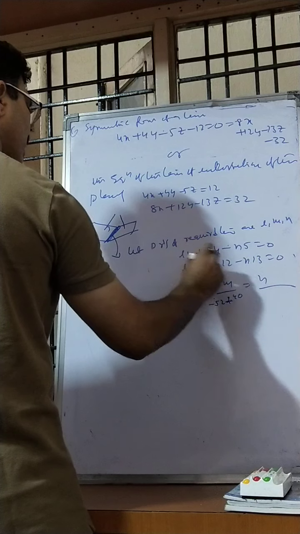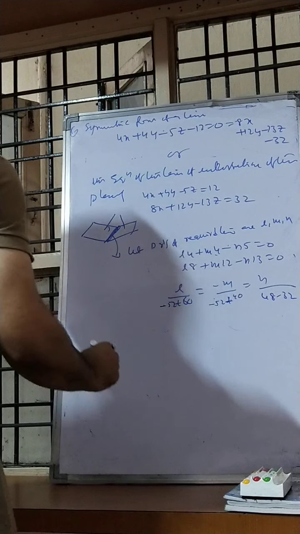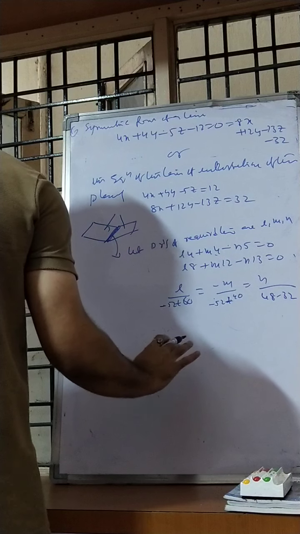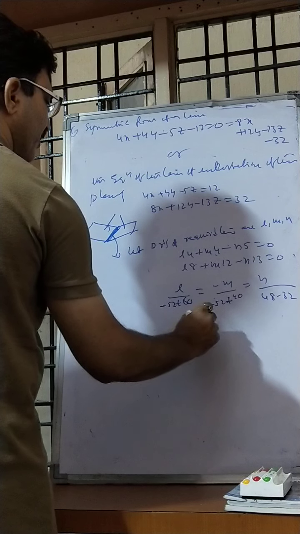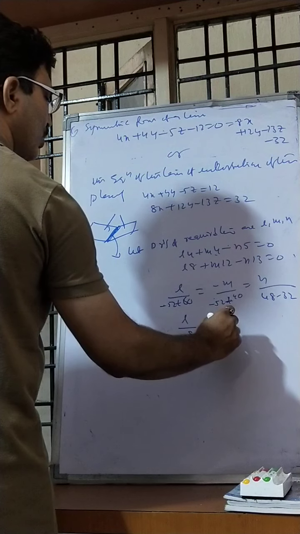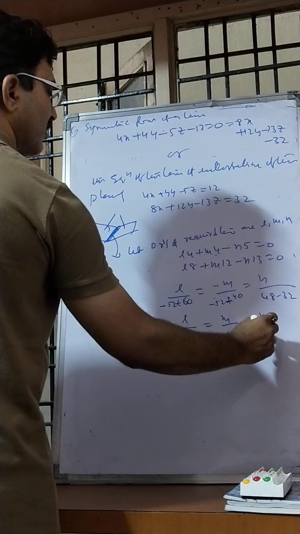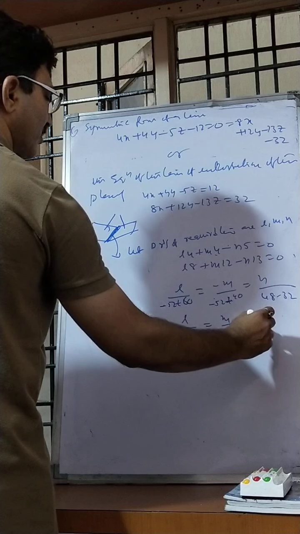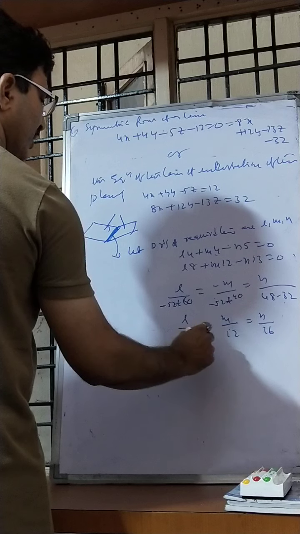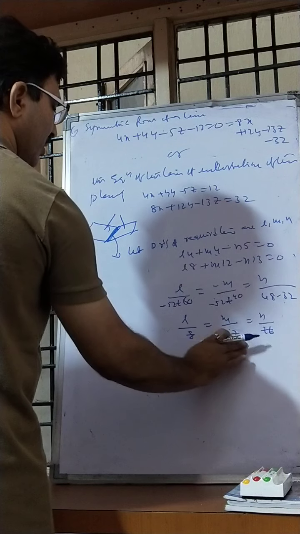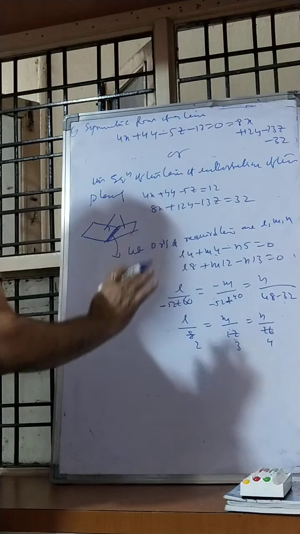And next it is 48 minus 32, that is 16. So we got l by 8, m by 12, n by 16. Dividing by 4, we get 2, 3, 4. We got the direction ratios.